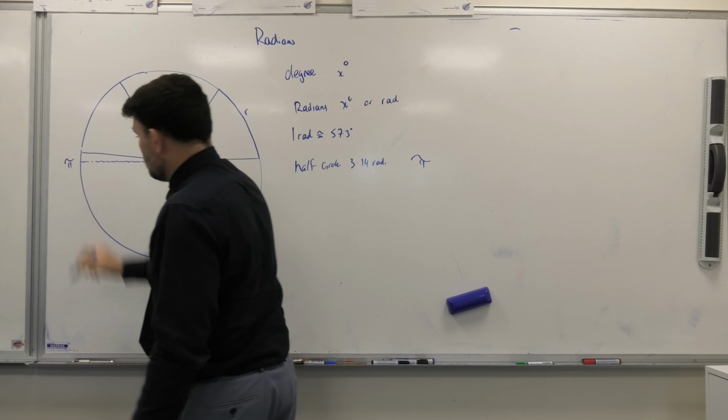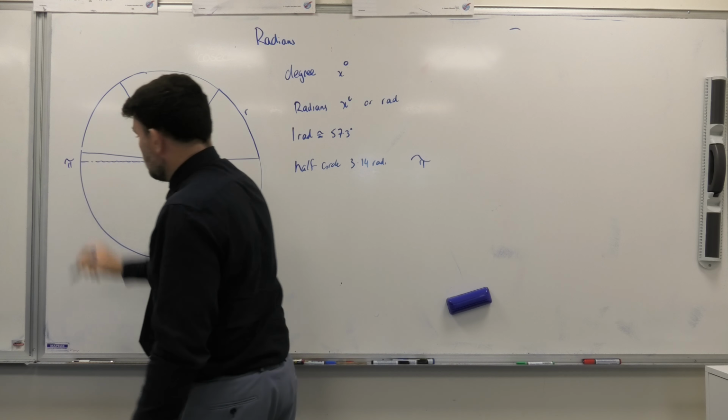And this here equals a circle. So the idea of where radians come from is the fact that we know 1 radian is equal to 57.3 degrees, and we can fit at least 3 and a little bit more into half a circle. And that gives us where we get our pi.